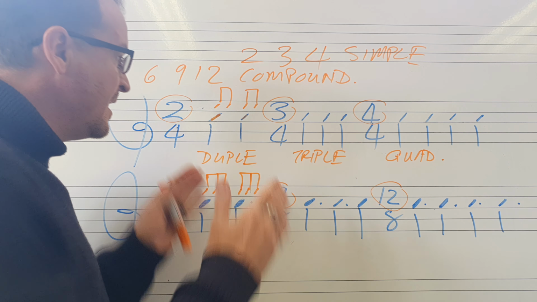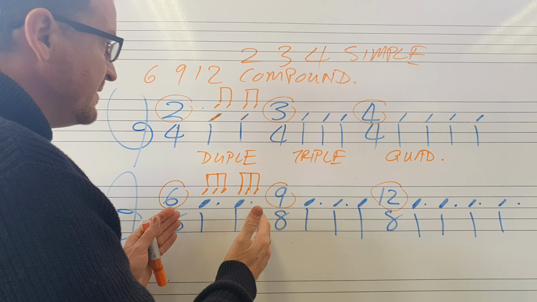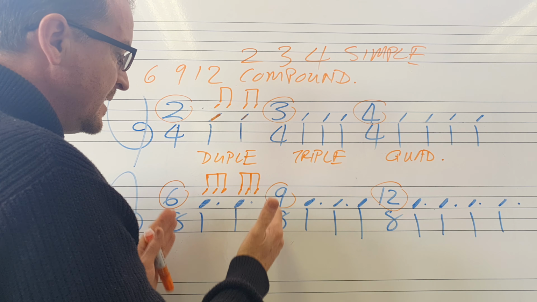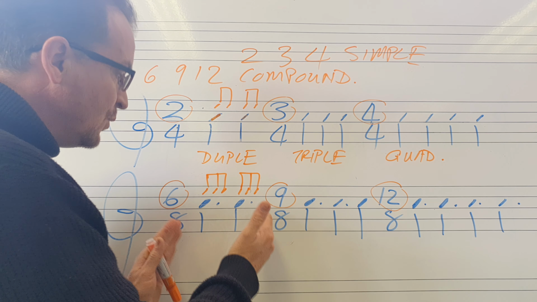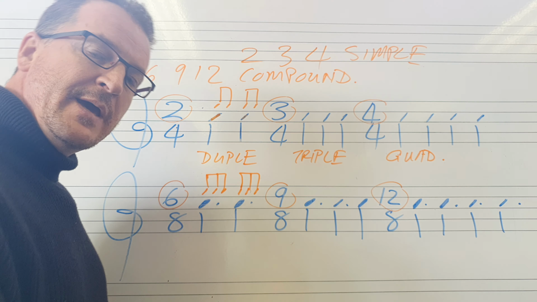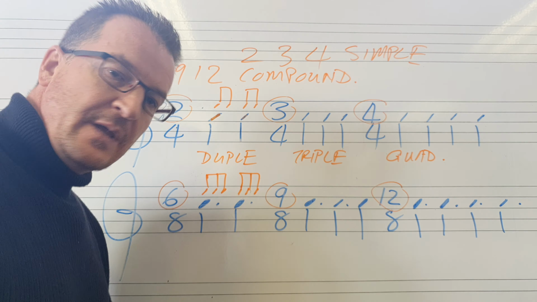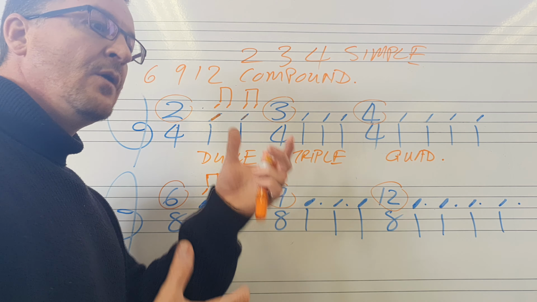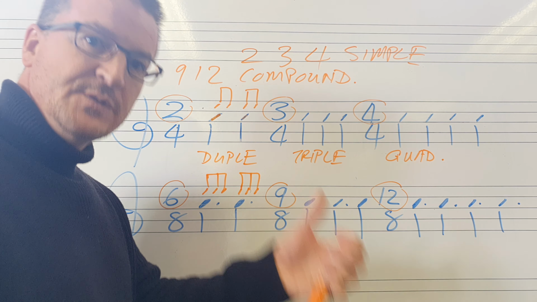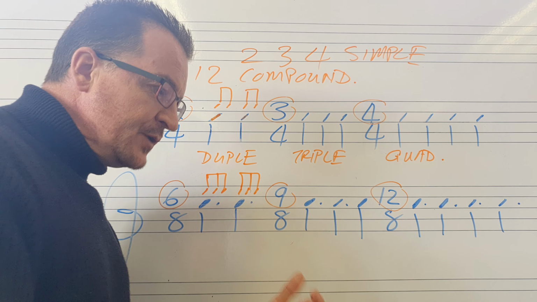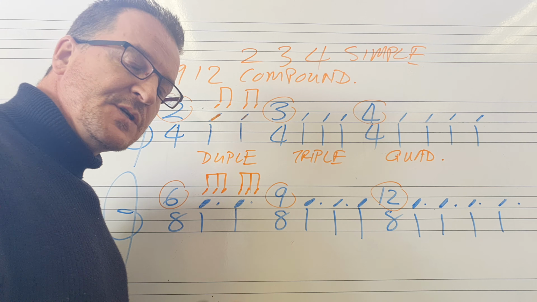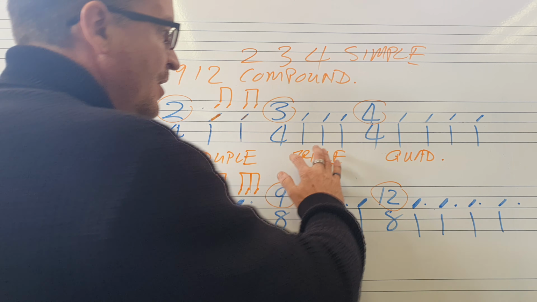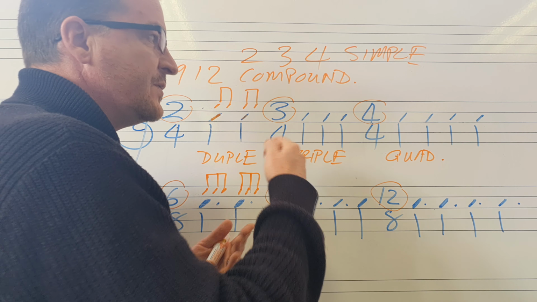But theoretically, this is the equivalent. There's the simple duple, and here is the compound duple beat, which function in the same way. You feel them the same. So in this time signature, 1, 2. In this one, 1, 2, 3, 4, 5, 6, 1, 2, 1, 2. Your body, your rhythm, the way you feel it as a musician, the way you play it actually feels the same. Over here, same thing. 1, 2, 3, 1, 2, 3, 1.